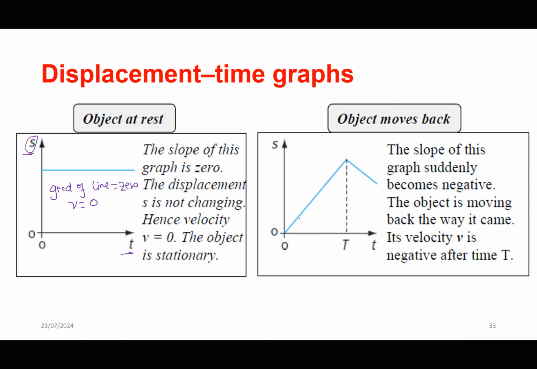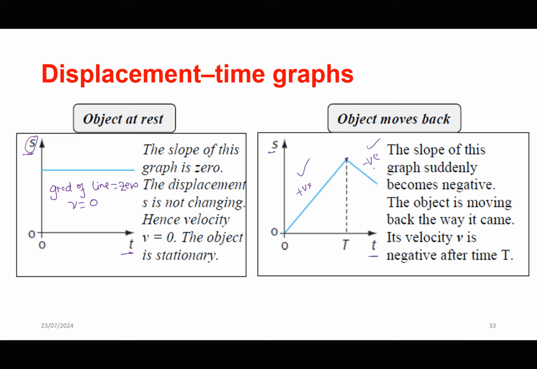In the first stage of the motion, this is a displacement time graph, we have a straight line where the velocity is constant and not zero, and positive. Then in the second stage, the gradient is negative for this line, which is turning towards the x-axis. So if the velocity is positive here and negative here, it means the object has changed direction. It is actually moving backwards.